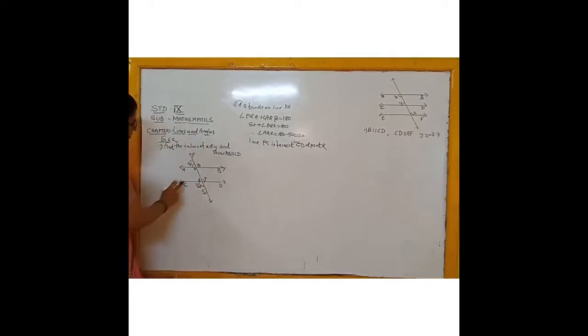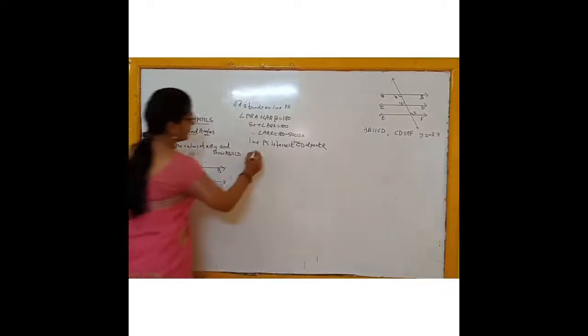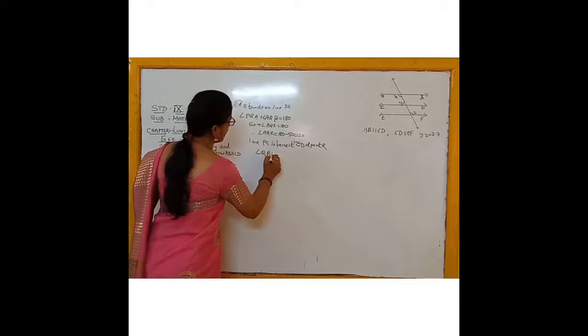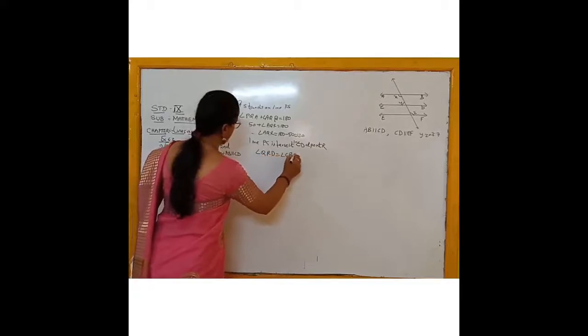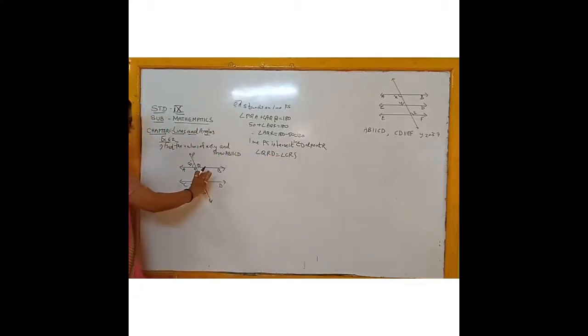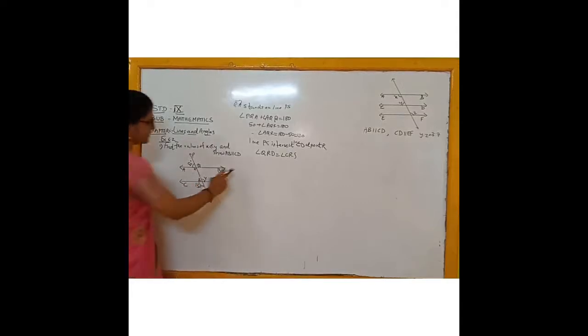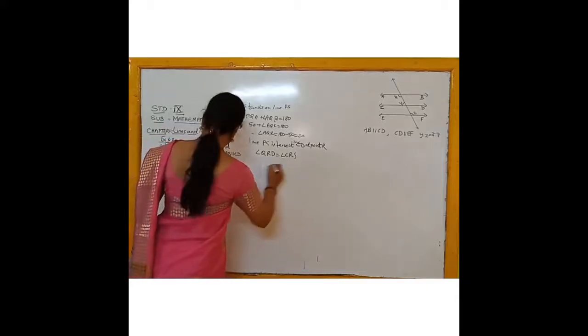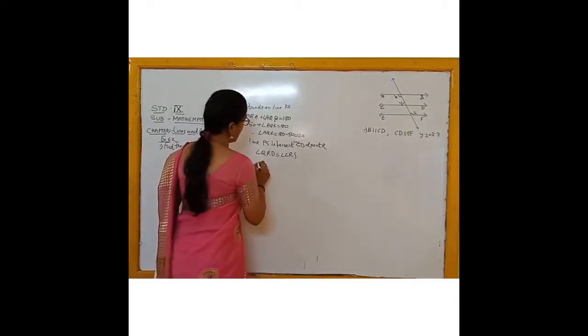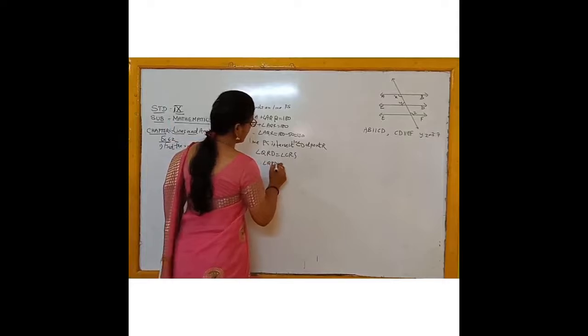This is 130. So these two are vertically opposite angles, angle CRS and angle QRD. Therefore, angle QRD is equal to angle CRS. These two are vertically opposite angles as this line PS intersects CD. So angle CRS is given, which is 130. Therefore angle QRD is equal to 130.